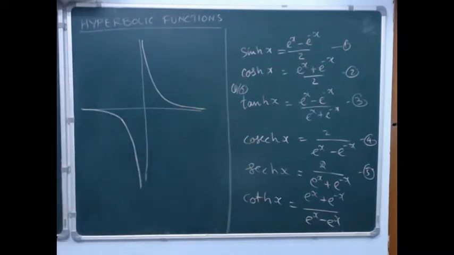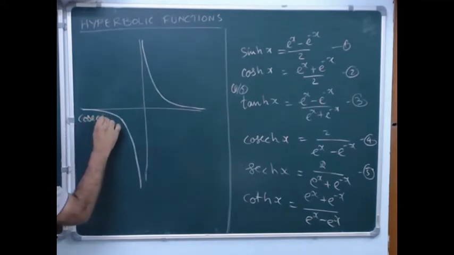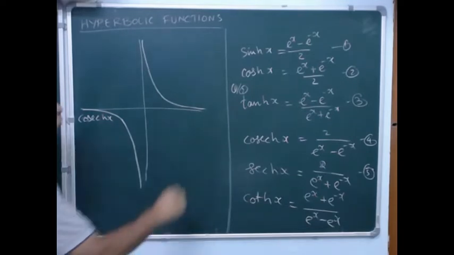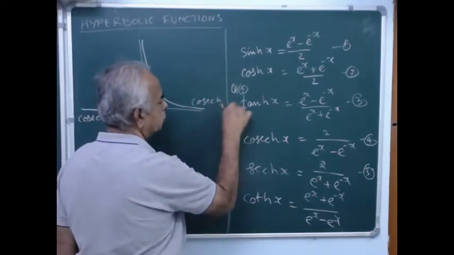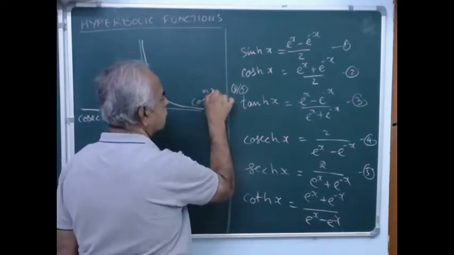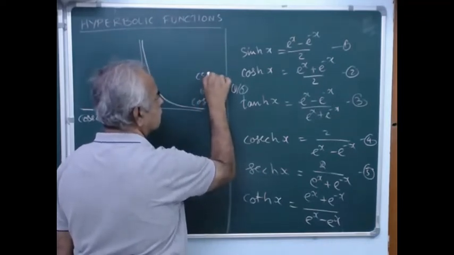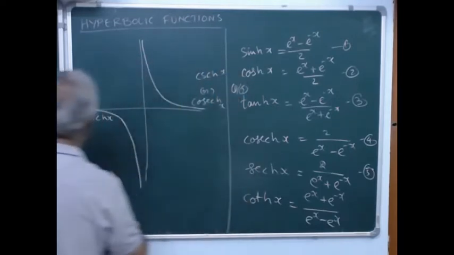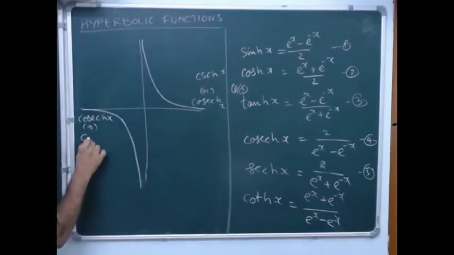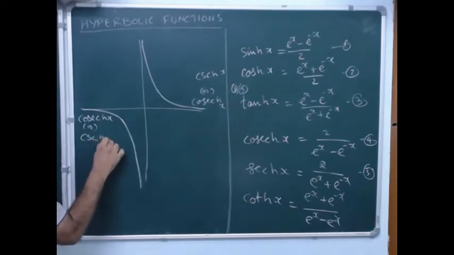This can be represented as csch x, the cosecant hyperbolic function.